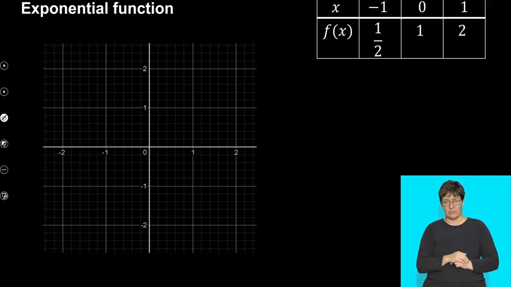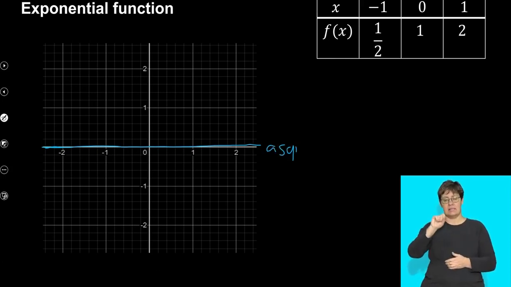And then if I want to join these, firstly, what do I know? I know that my y value can never be 0 here, but x can be 0. So it means this horizontal axis, the graph cannot cross that axis, because this acts as the asymptote of the graph.